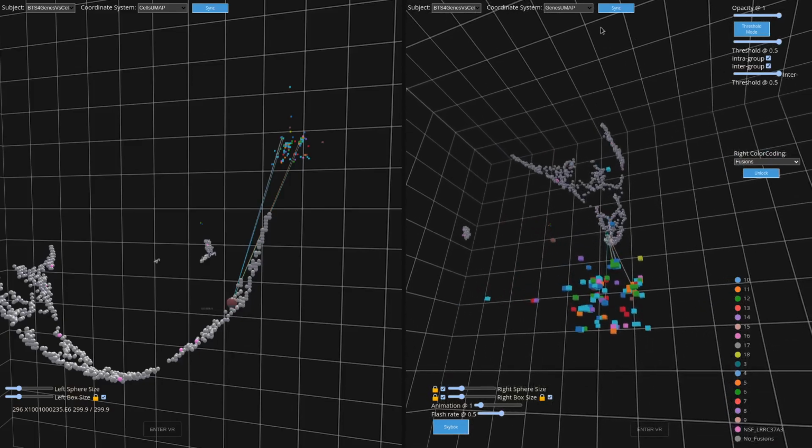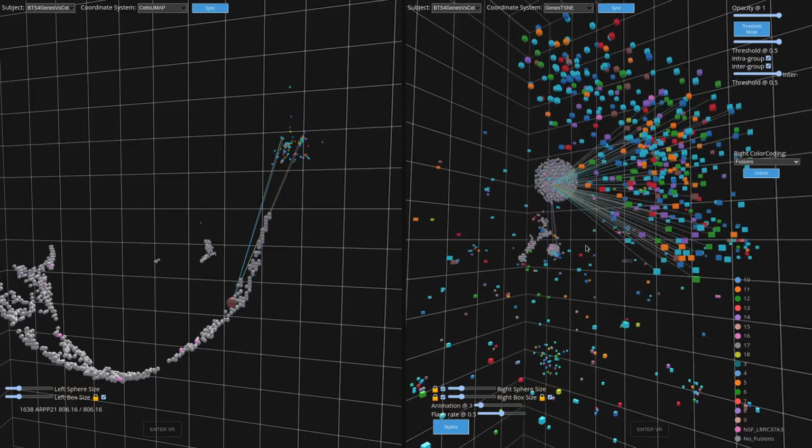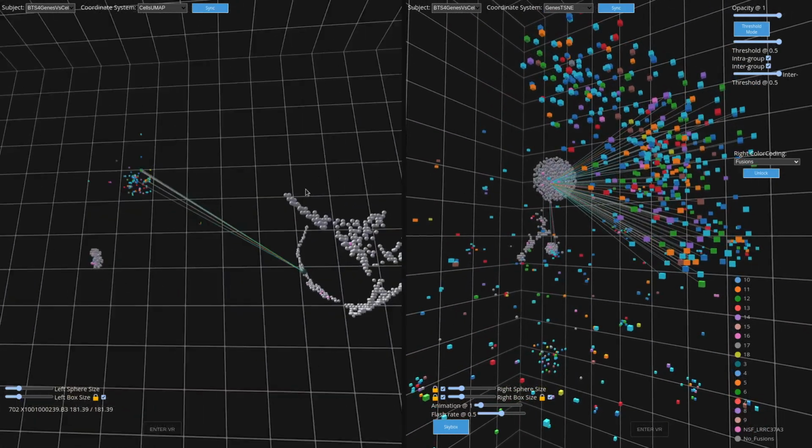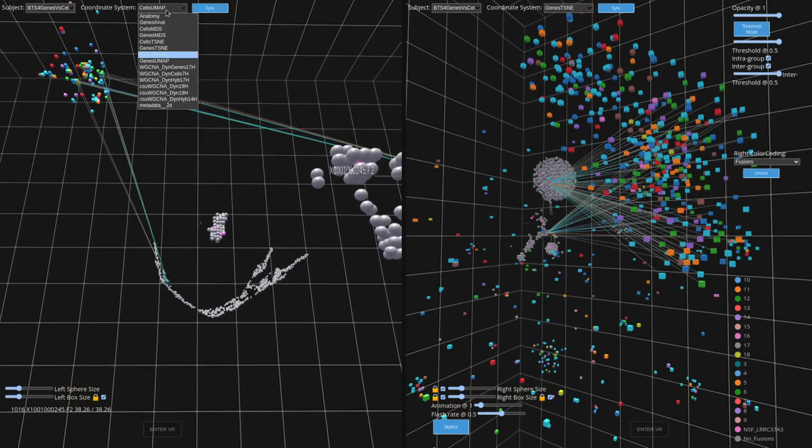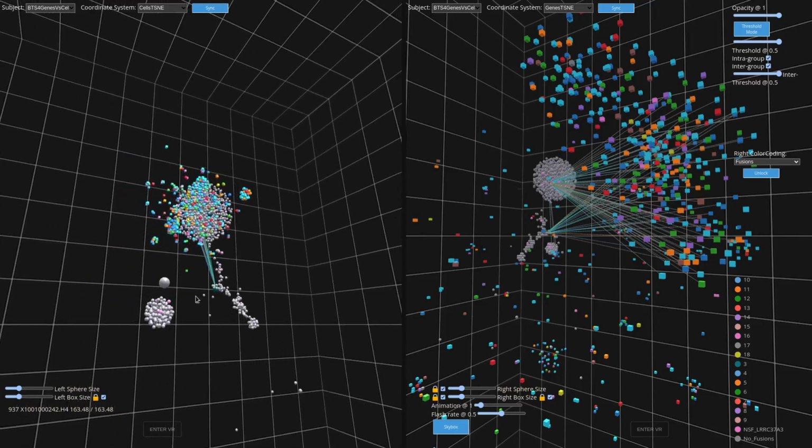Actually, it looks like I lost a bunch of genes. I'm going to do a tSNE embedding of the genes. There's a lot more genes there. And I'll also do a tSNE embedding of the cells on the left.